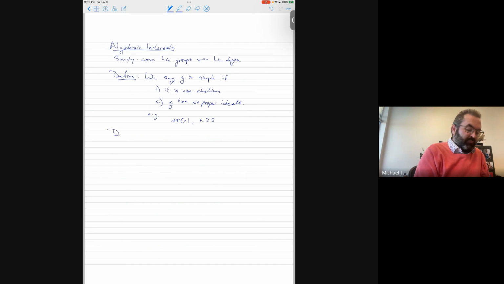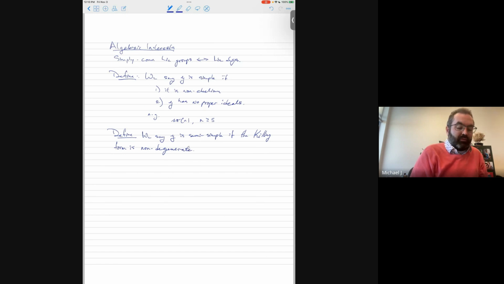Okay. Just a few quick definitions to remind everyone. Definition: we say G is semi-simple if the Killing form is non-degenerate. So the Killing form, what is this? So this is a natural bilinear form on the Lie algebra.